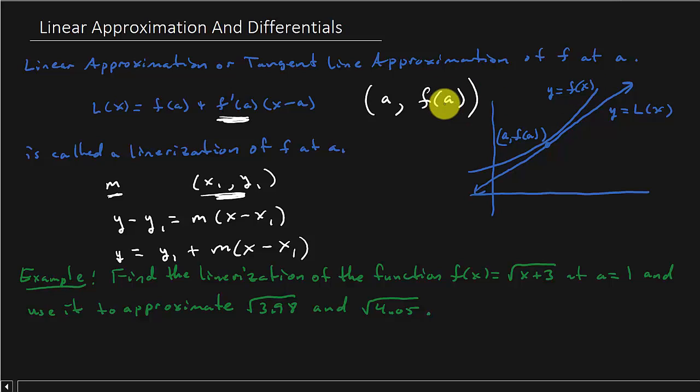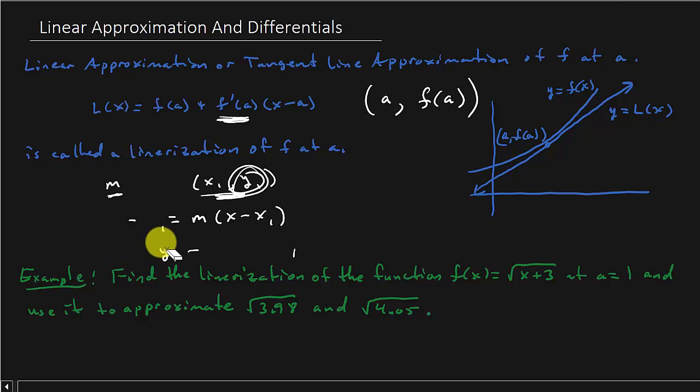So there's your point, your y coordinate f of a. There's m, your slope, f prime of a, times x minus the x1, or in this case, x minus a. It's the same thing. That's all you're doing.